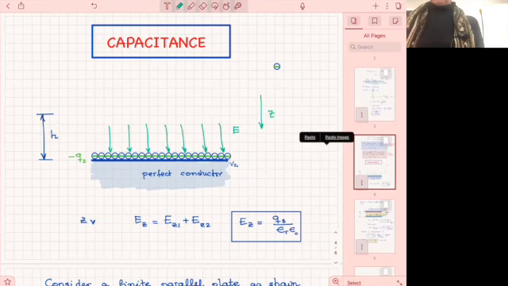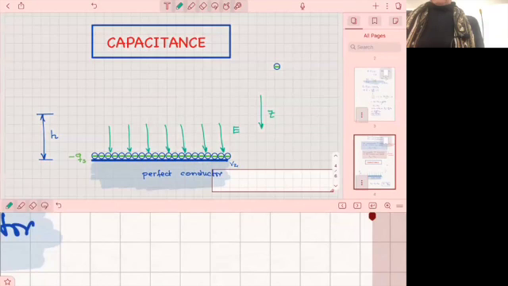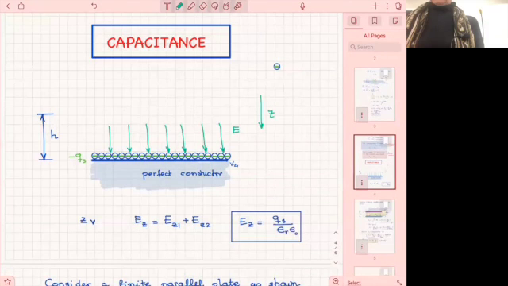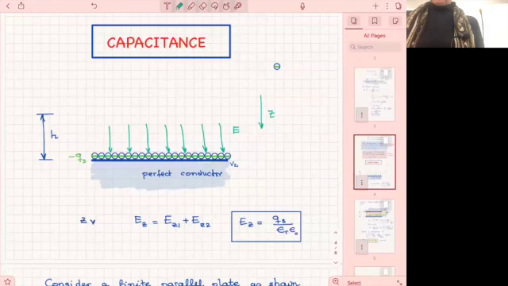Then this one, E sub Z, we found at the time, was the charge Q sub S divided by 2 epsilon naught. That's what we had found at that time, okay? And that is the Z direction.